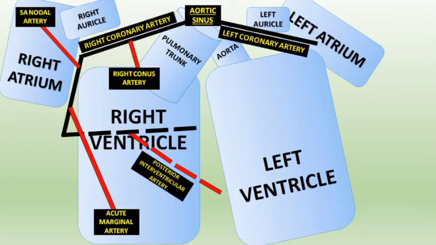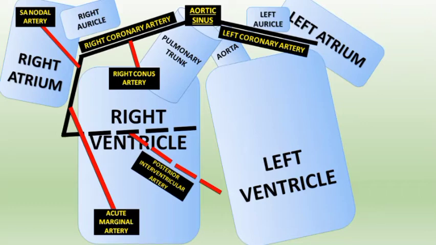This septal branch supplies the AV node. We all know that the AV node is situated between the right ventricle and the left ventricle, here. So this posterior interventricular artery will give a branch to the AV node. Now that's about the right coronary artery.